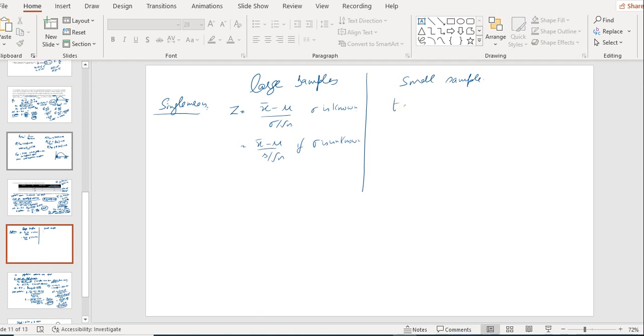Whereas in the t-test we are using x bar minus mu upon s upon square root of n, because in this case sigma should be unknown. This is the necessary condition, because if sigma is known then we use the z-test only. Where expectation of s square is equal to sigma square, meaning it is the unbiased estimator of population variance. This is the formula for single mean.